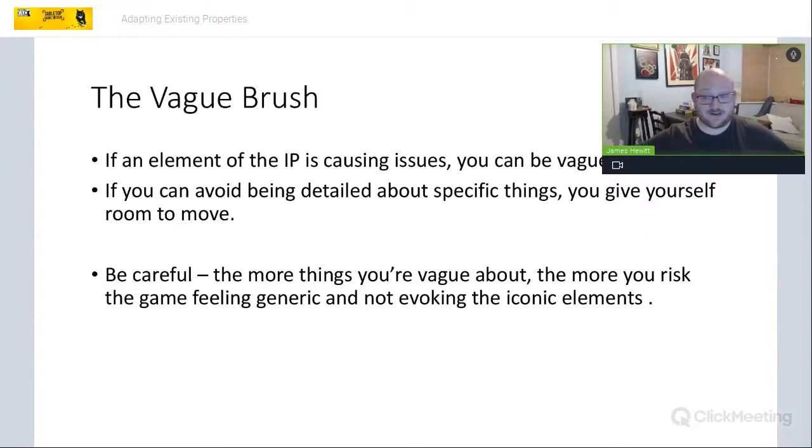So in this particular case, what I mean here is, if one element of the IP is causing issues, you can be vague about it and give yourself room to move. So for example, if you're making a game based on the movie adaptation of The Lion, the Witch, and the Wardrobe, and you don't want to think about the exact number of otters or beavers even that were involved in the battle at the end, well, you can just be vague.